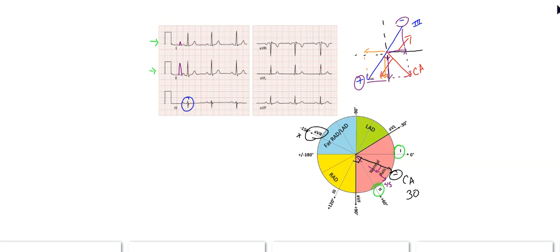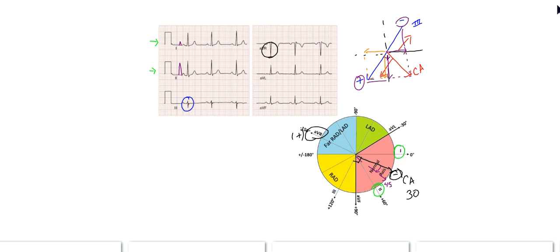Can you explain how you got the other arrow going off of AVR? Oh, yeah, so that is because up here, in AVR, we have a negative deflection. And AVR, this is the positive end of AVR, this is the negative end down here. That vector has the negative electrode, we're basically measuring current starting from the negative, heading up toward the right atrium.